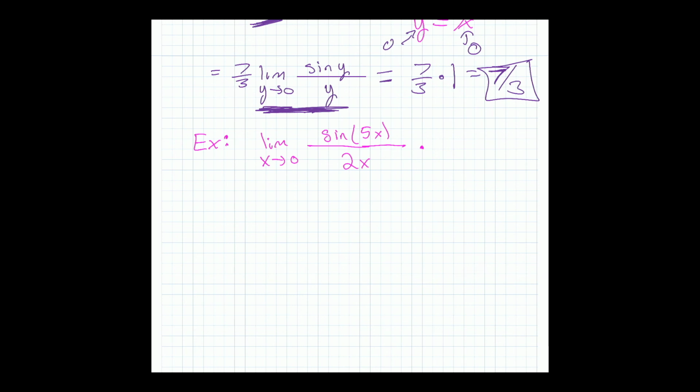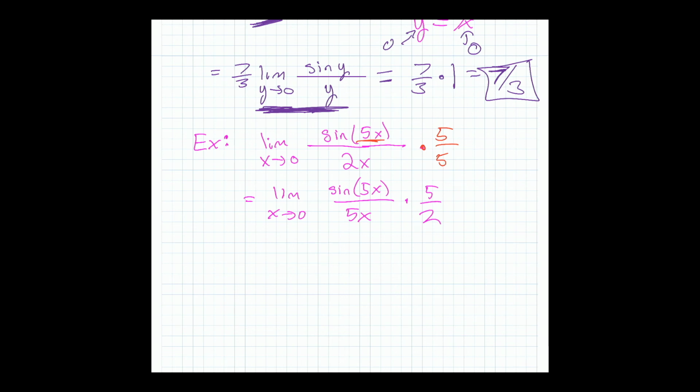You'd say you would add, right? We want to match the 5x. So you just go 5 over 5. Rearrange this as sine 5x over 5x, and then you have a 5 and a 2.